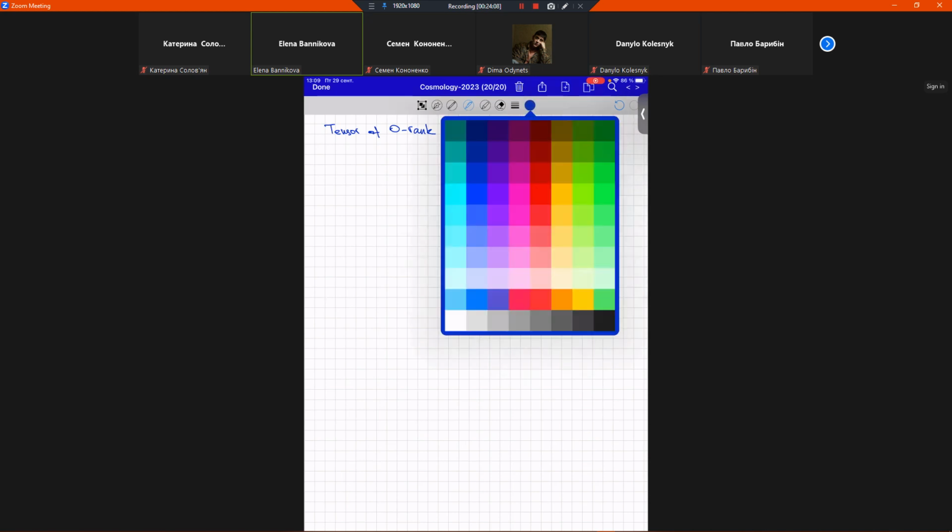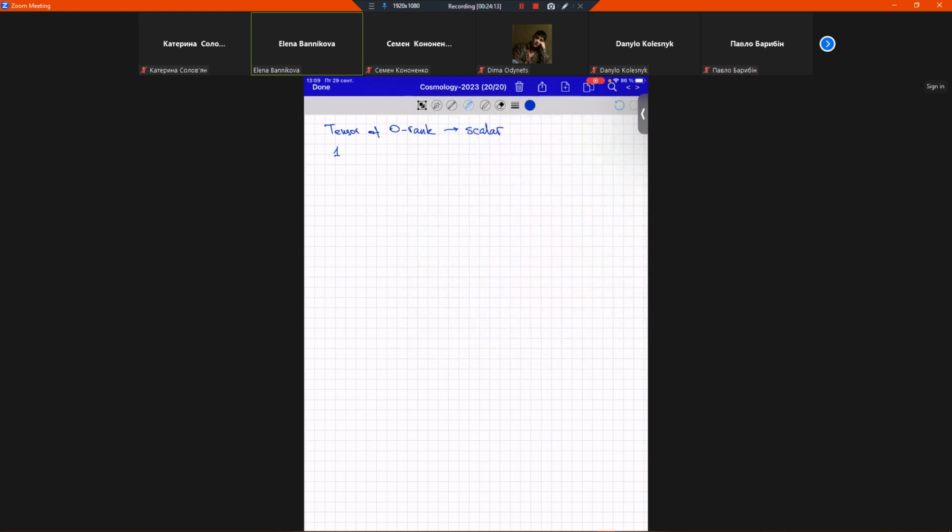The first point: this is some mathematical object which is represented in the form of a table. Finally, these are some numbers which create a table, with components like a matrix.